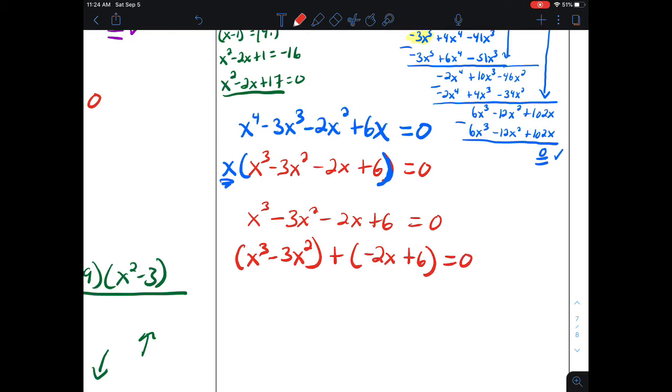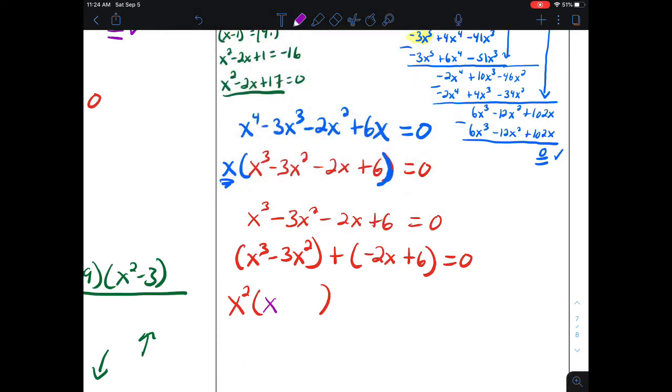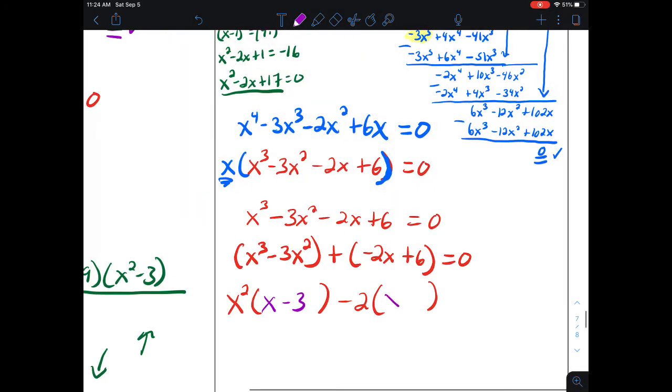When I take out the common factor of the first pair, which is x squared, I have x squared times x minus 3. And then I take out the common factor of negative 2 in the second pair, and that leaves me with x minus 3.